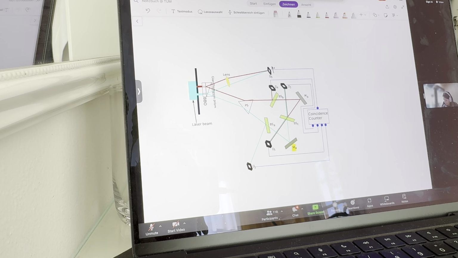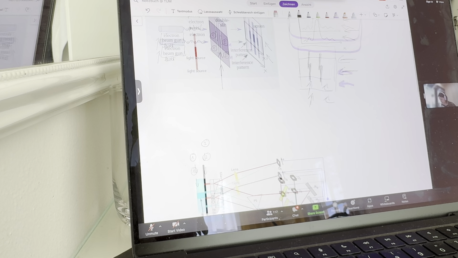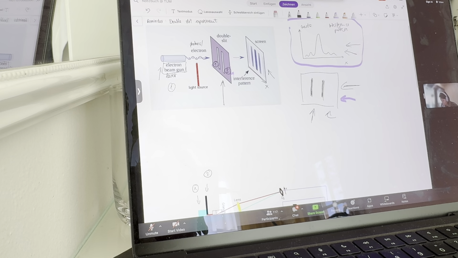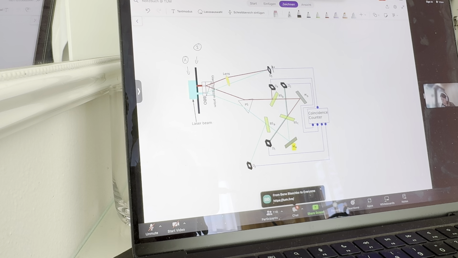So the overall idea is that you have a laser beam here, and this laser beam is shone on a double slit, which is exactly the same as in the double slit experiment, right? Then there's a variation, because for the double slit experiment, we would now just put a detector, like a screen, behind the double slit.